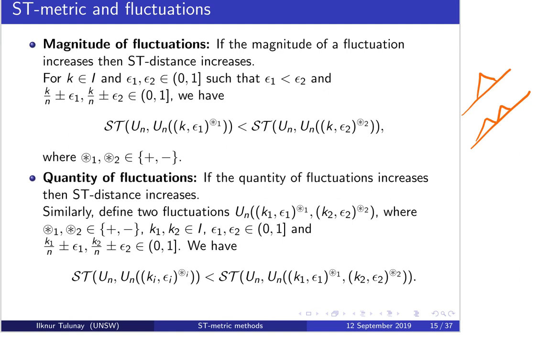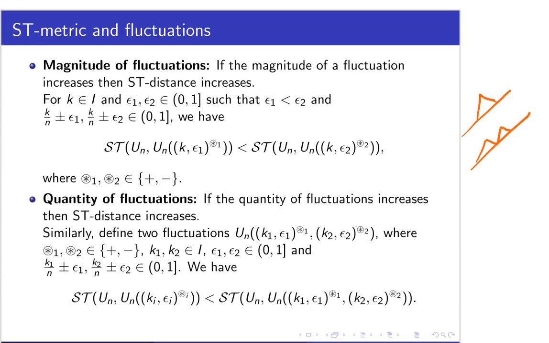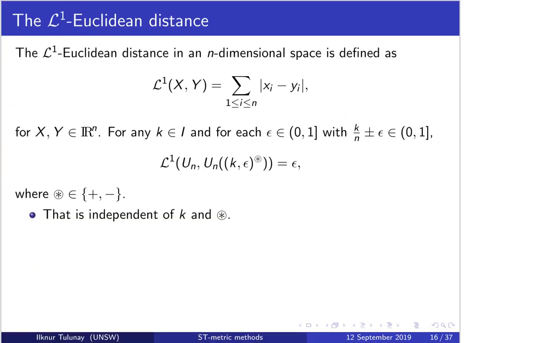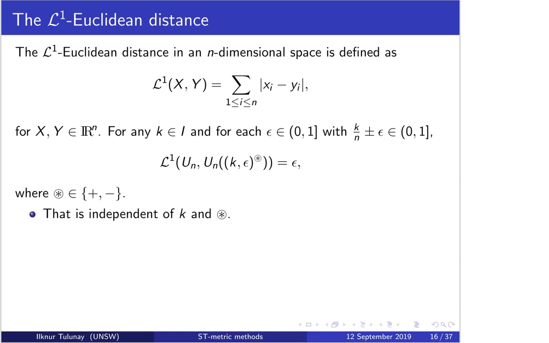So the ST metric really gives you more information about the fluctuations. For example, if you think about the L1 Euclidean distance, just the absolute value and summing up those values, then by looking at this particular set, U_n and a one-point fluctuation, we will always obtain epsilon.